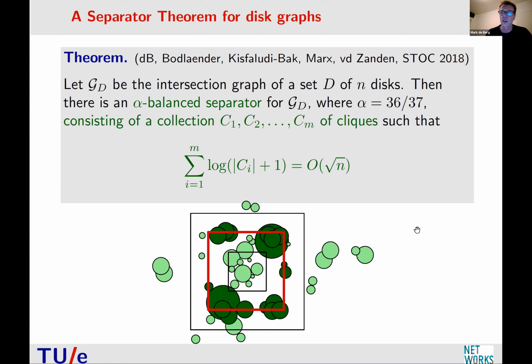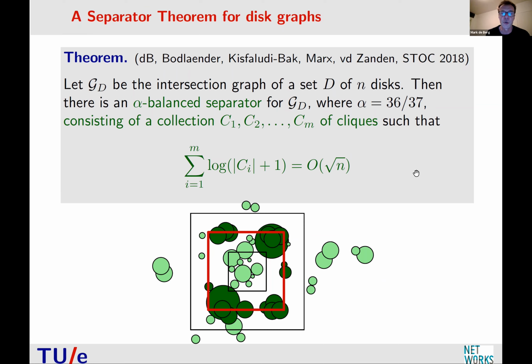Again, we're going to have a separator that separates the nodes of my graph into two subsets of at most a fraction of the nodes, 36 over 37. But now I'm not measuring the total number of nodes, or disks in a disk graph, that I put into my separator.